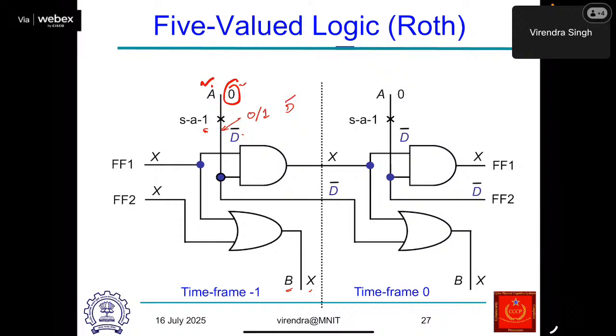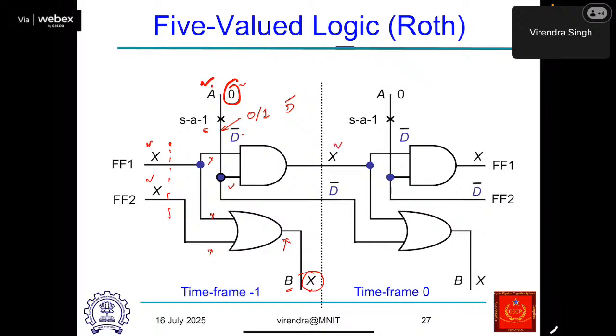This is my symbol D bar. D bar comes here at the input of this AND gate. Now, one of the inputs that I'm getting from the flip flop would be X. So this one input is X, the output of this would be X, and the output of this AND gate will also be X.